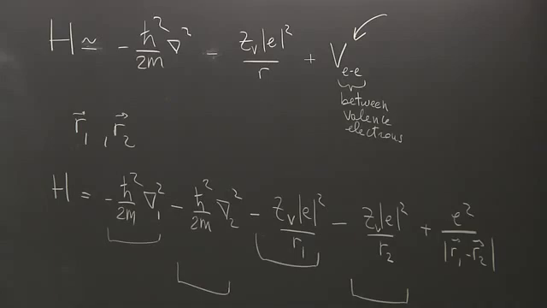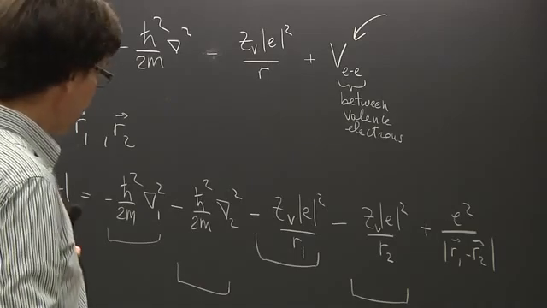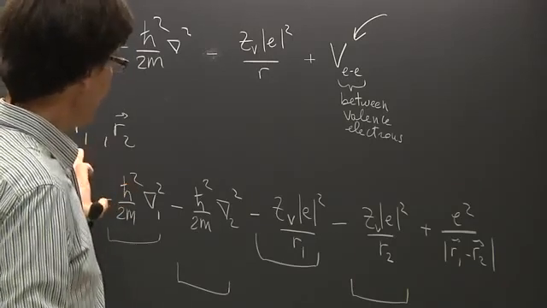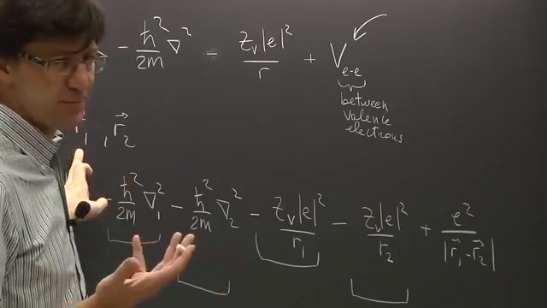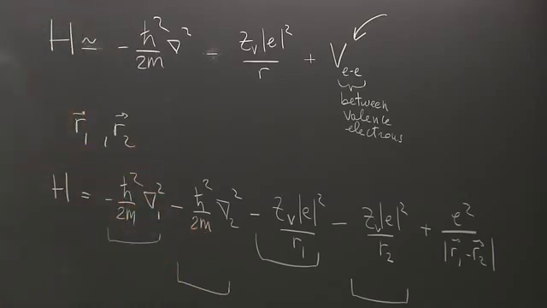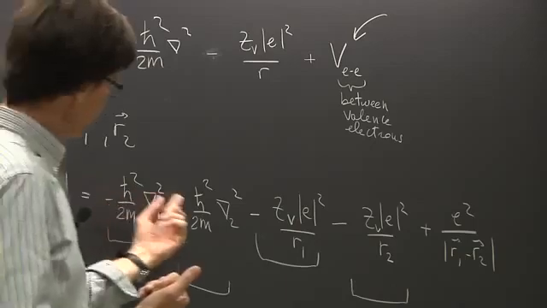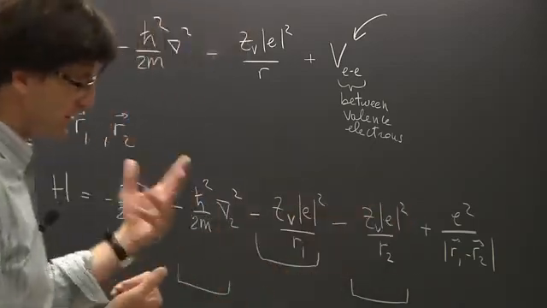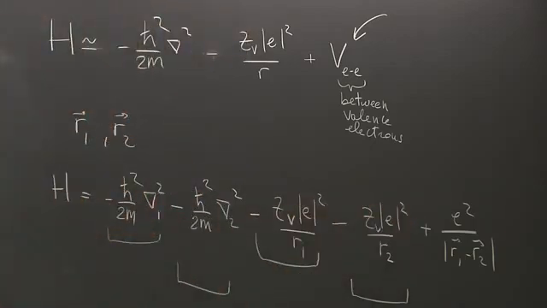Another consequence of this is that this Hamiltonian is defined now in a 6-dimensional space, because I have two particles, 3 degrees of freedom per particle. So this Hamiltonian depends on 6 independent degrees of freedom.